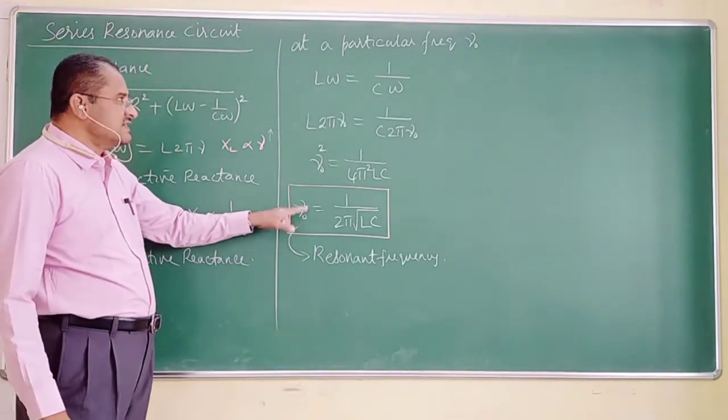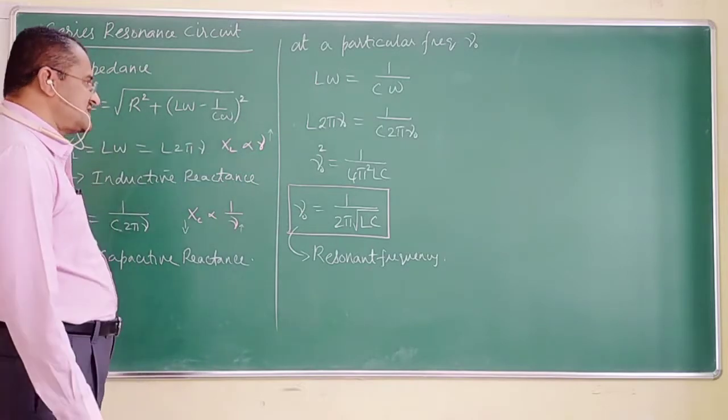So what happens when XL becomes equal to XC?